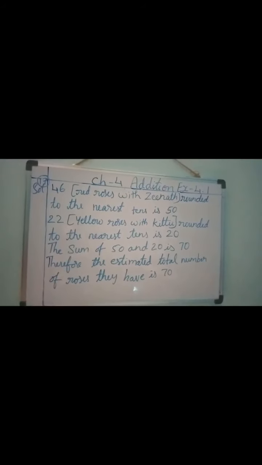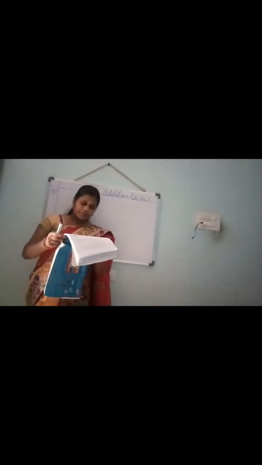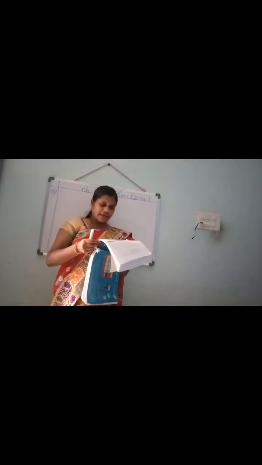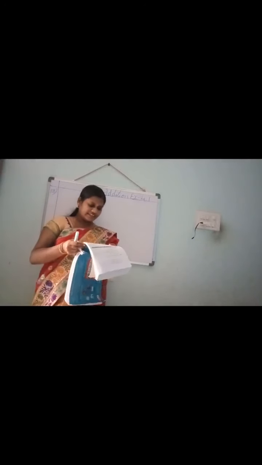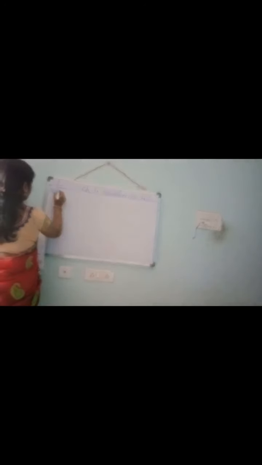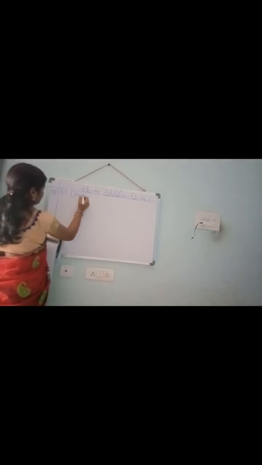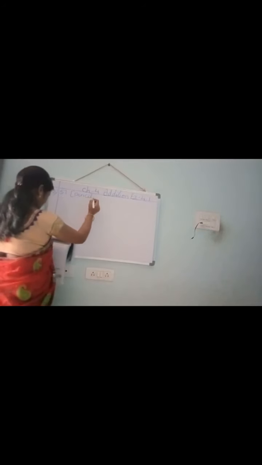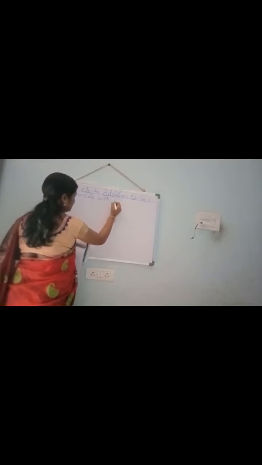Copy properly, ma. Now, 18th one. Appu has 57 pencils and Rahmat has 43 pencils. Estimate the total number of pencils they have. See children, 57 pencils with Appu.